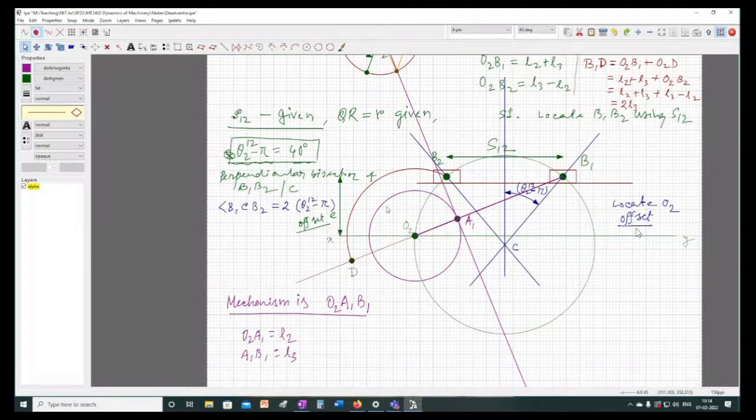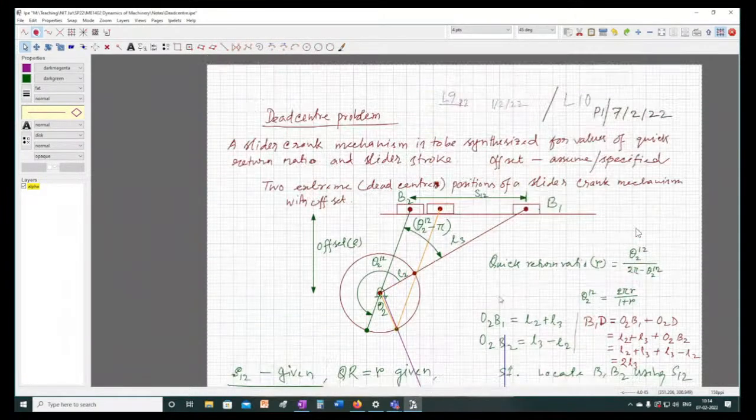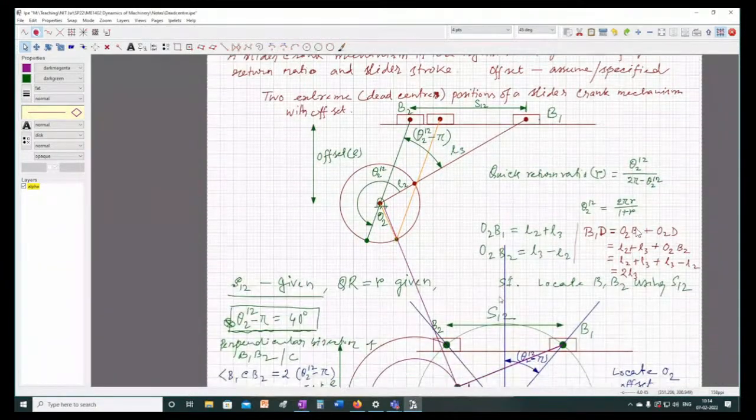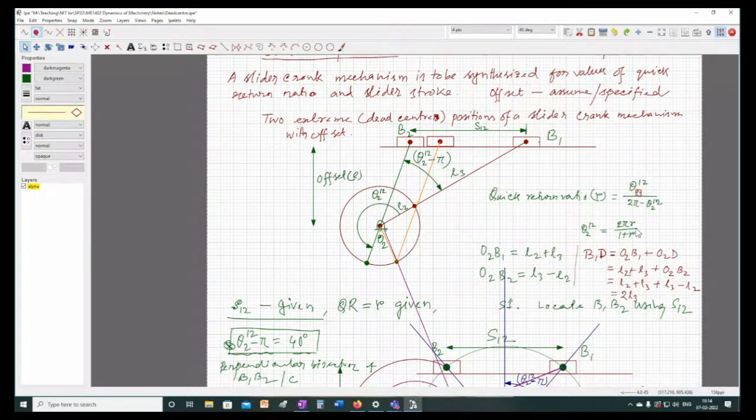Okay, so I repeat the process once again. In this process, the given data is the stroke length and the quick return ratio.